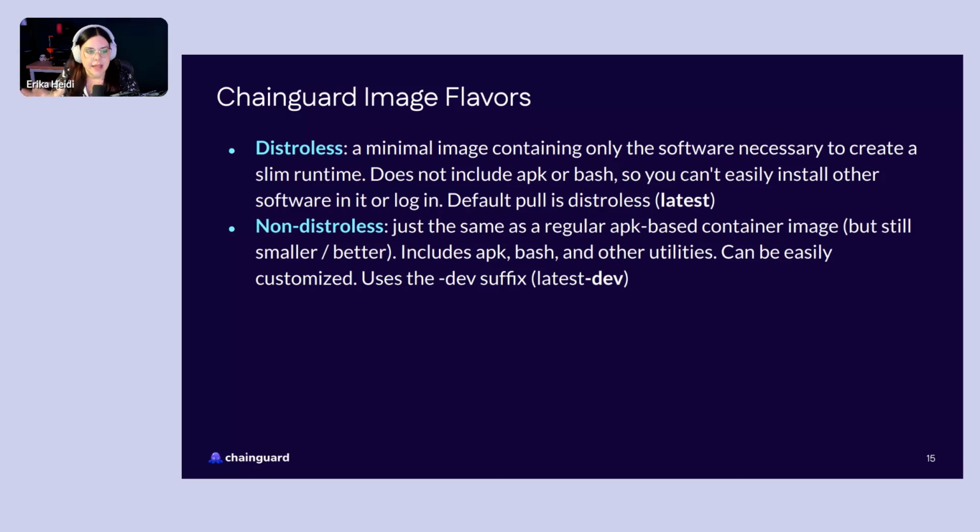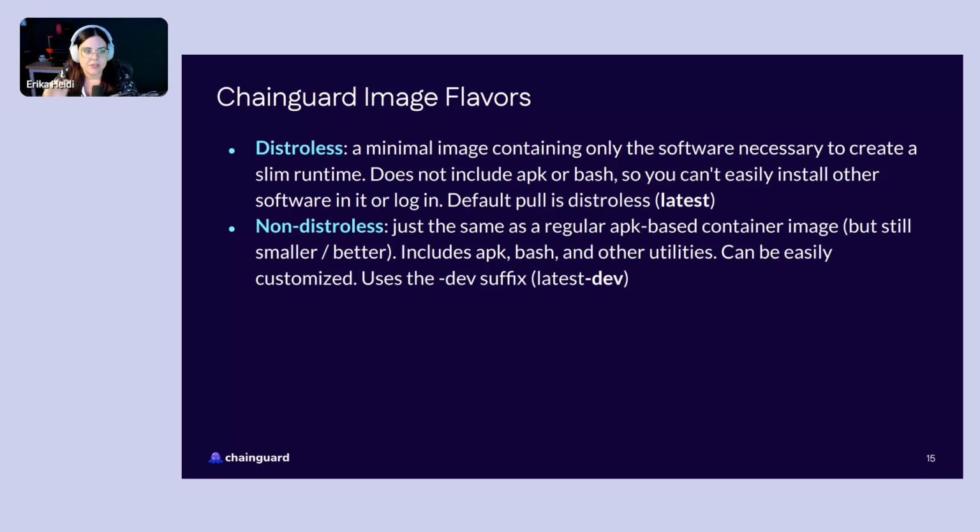So latest dev is the non-distroless variant that you're going to use to develop applications, to build applications, and also to run on production. If you need to install and customize, you might want to use that image as well, because it's still better than other images on the market.